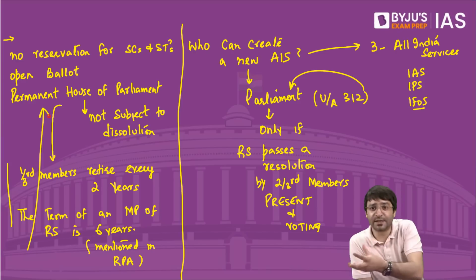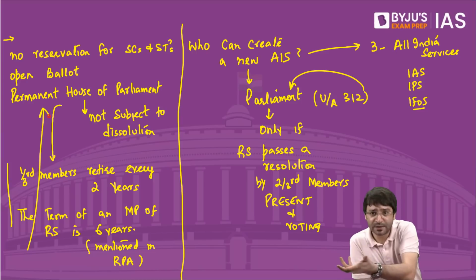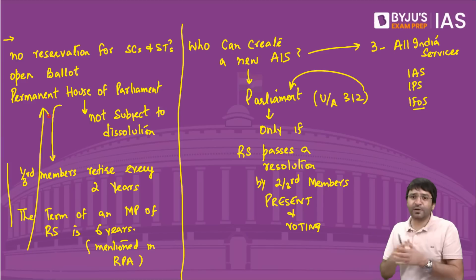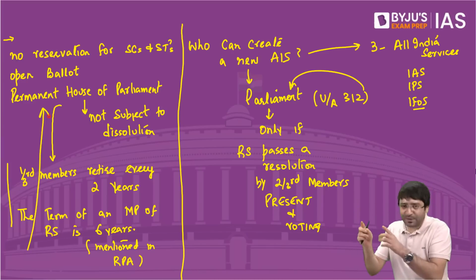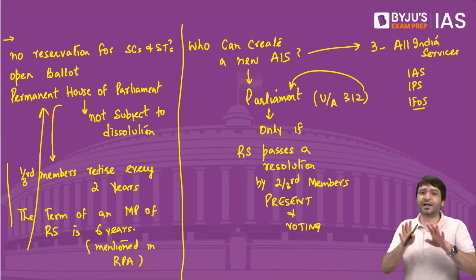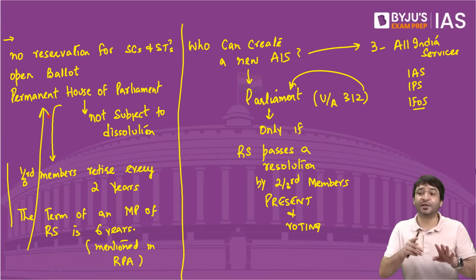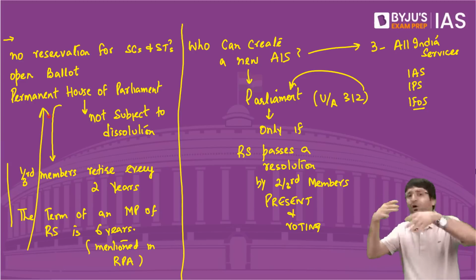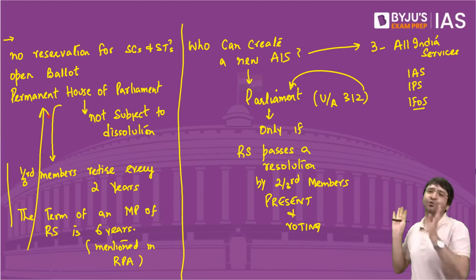Ladakh is a union territory without legislative assembly. The question was, how will these 4 people be accommodated? The government said, all these 4 people we will treat as if they are the members of the union territory of Jammu and Kashmir in Rajya Sabha, as if election has already happened and they have been elected to Rajya Sabha.